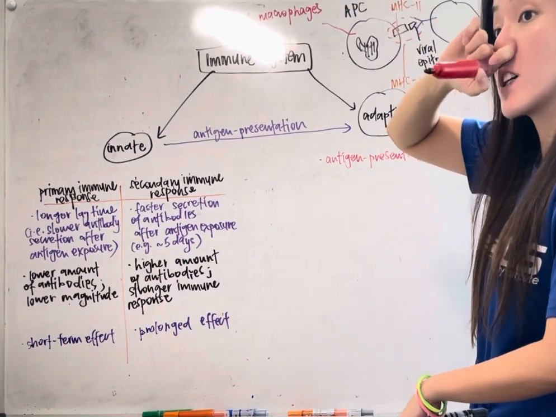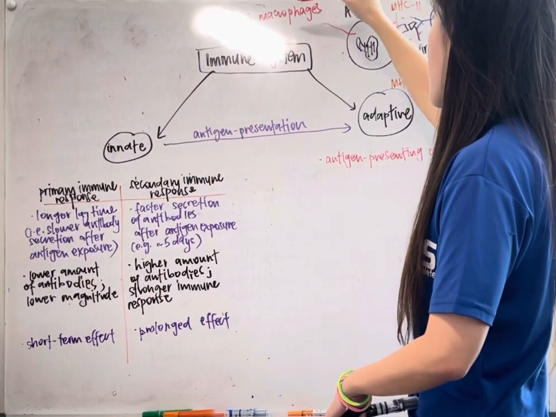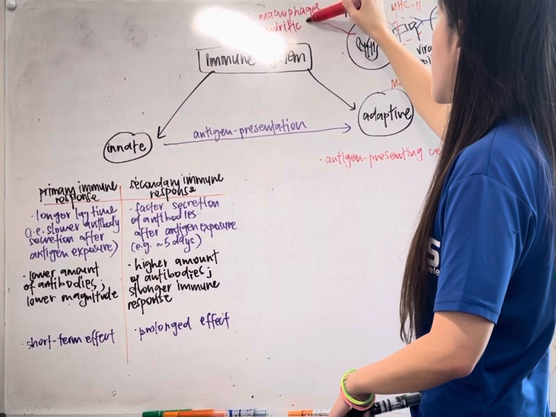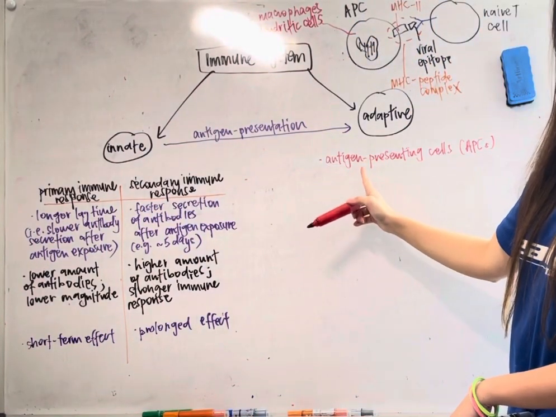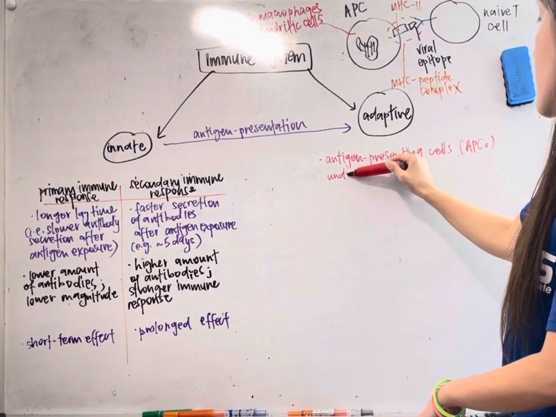Just now we say macrophages secrete so many things, right? So macrophages also perform as an antigen presenting cell. Dendritic cells are also another type of antigen presenting cells. Hopefully you know, we'll always say they will undergo phagocytosis.